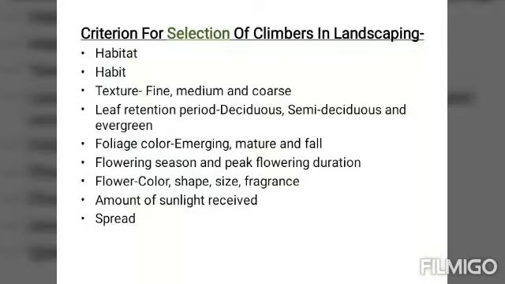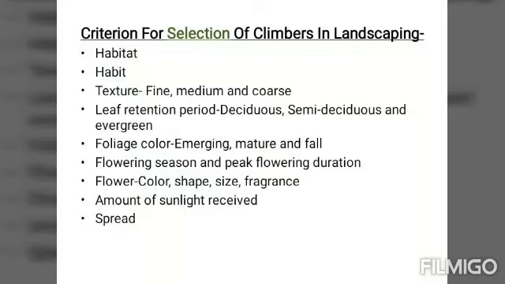And then leaf retention period, that is deciduous, semi-deciduous, and evergreen. You have to see that also when you are choosing climbers in landscaping. And even foliage color: emerging, matured, and fall. And the flowering season also, you have to keep in mind.